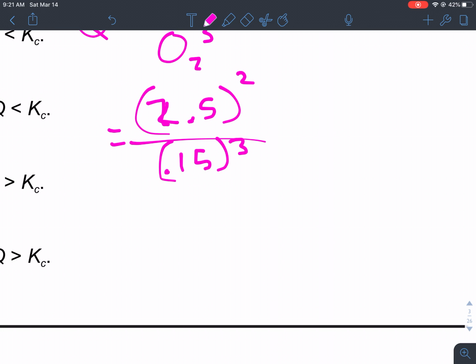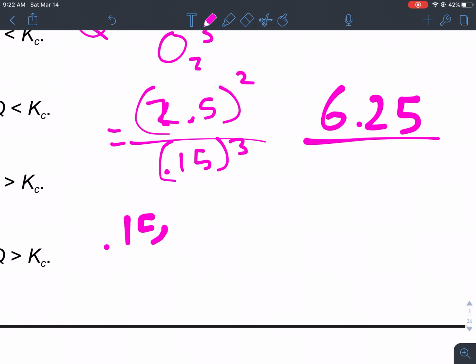Then you have to find out the cube of 0.15. I don't know what that number is. It's going to be 0.15 times, what is it, 0.0225 or whatever.